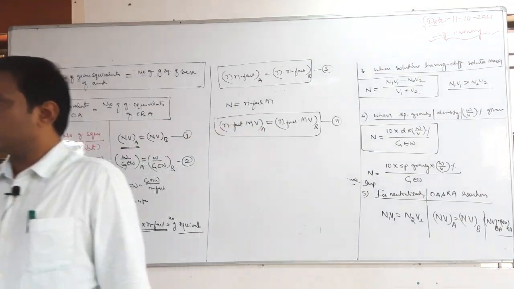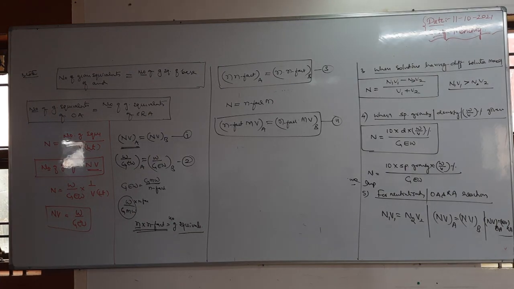Okay, what happens to normality in dilution? N1 V1 equal to N2 V2. What happens to normality when 2 solutions having the same solute are mixed? Then N equals N1 V1 plus N2 V2 by V1 plus V2.